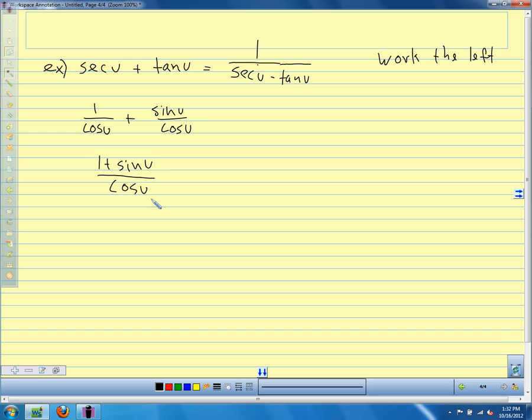My guess is we could multiply the top and the bottom by 1 minus sine u over 1 minus sine u. Sometimes when you have something like this, we can think of it as multiplying by the conjugate, kind of like with imaginary numbers.